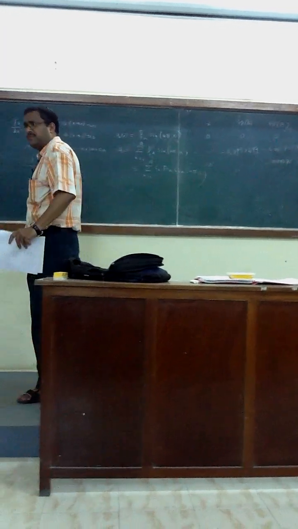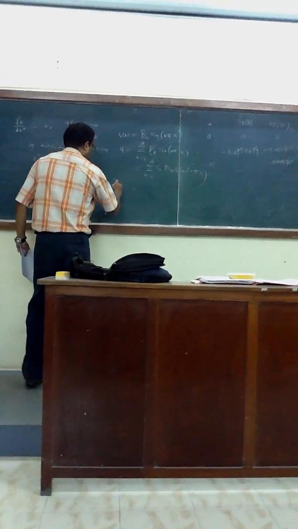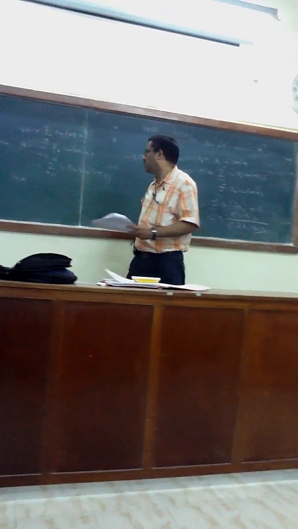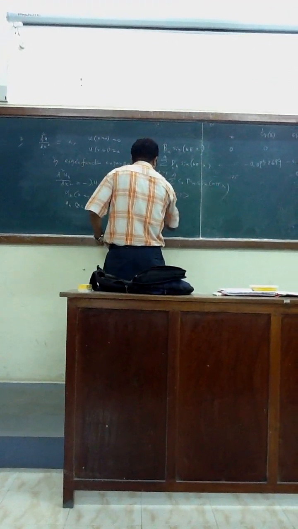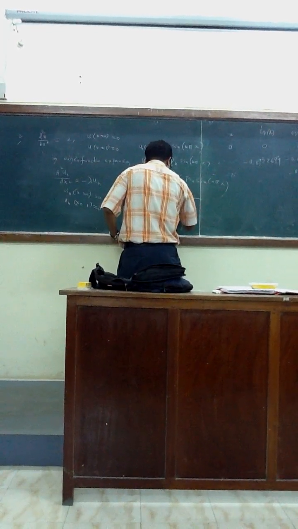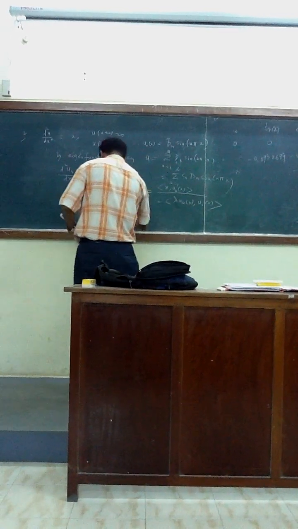Am I correct? Okay. Now, what is c_n? You tell me the answer. c_n is the inner product of x and u_n(x) divided by minus lambda times the inner product of u_n(x) and u_n(x).